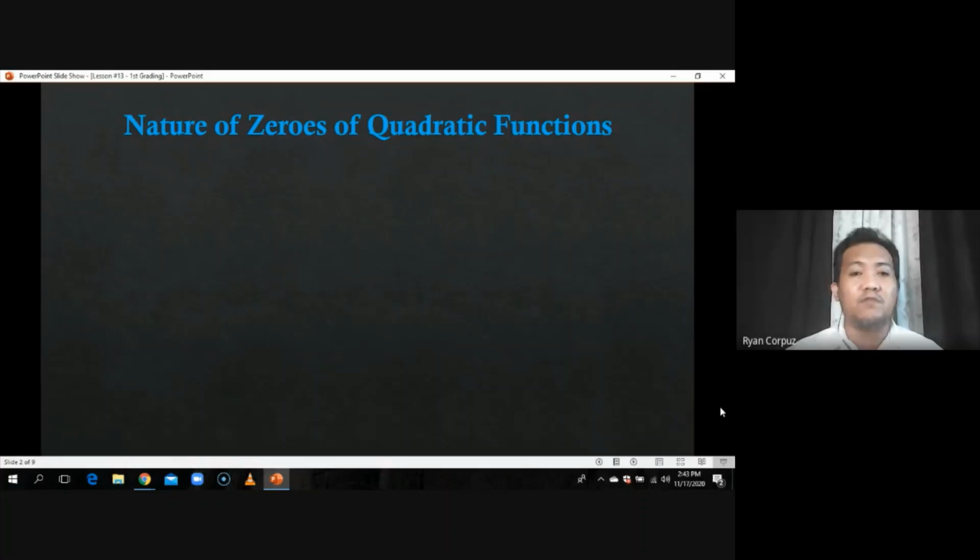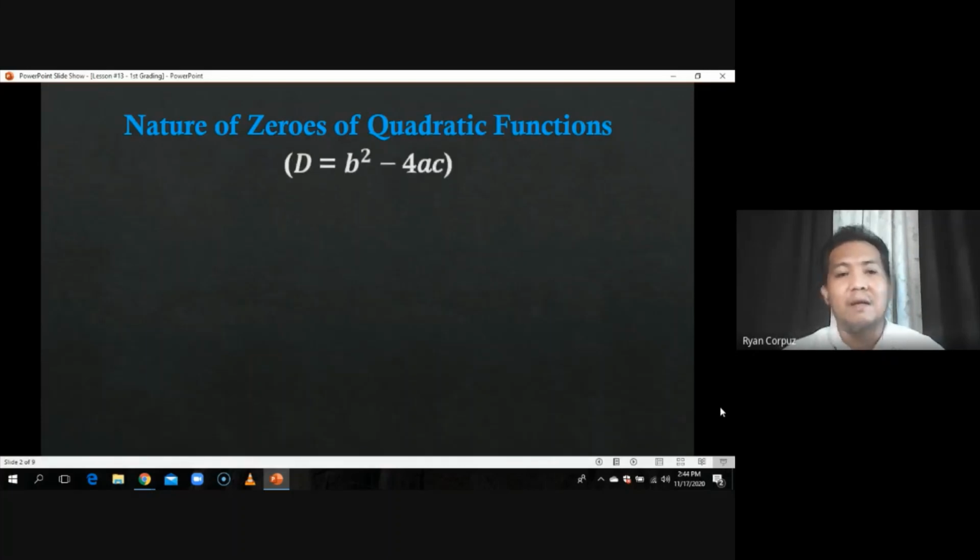So, we also have what we call the nature of zeros of the quadratic functions. Since we are pertaining to the nature of the zeros of quadratic functions, the thing that we use in identifying the nature of the roots of a quadratic equation is also what we are going to use in order for us to find out the nature of zeros of quadratic functions.